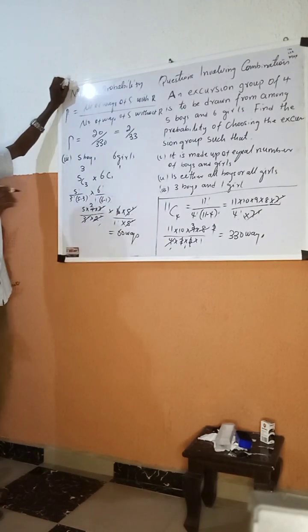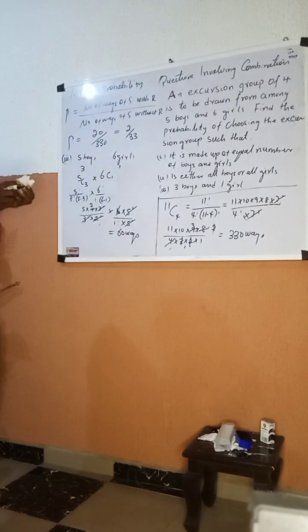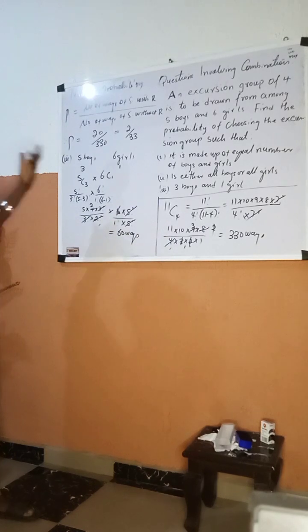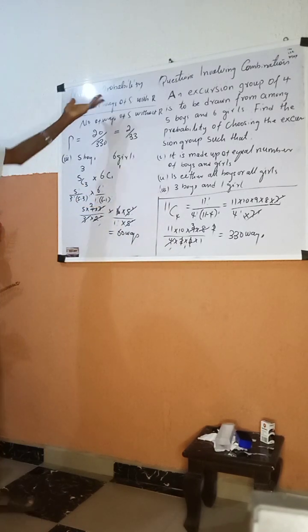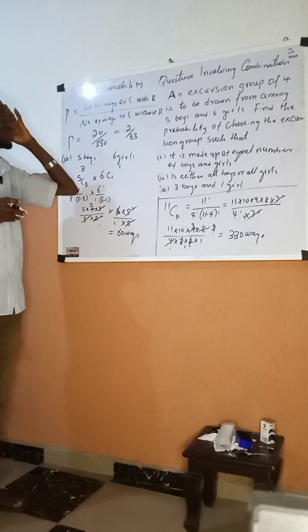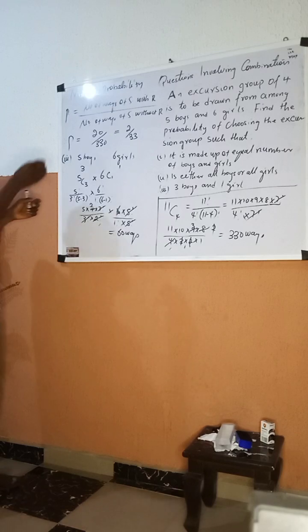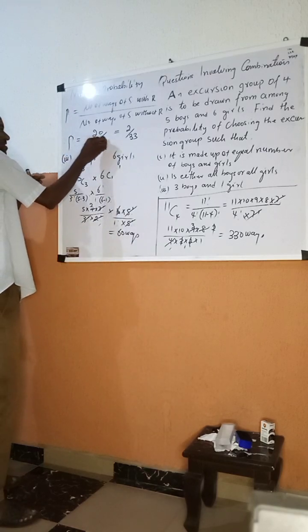60 ways of doing this selection III. But then we are required to find its probability. So looking at its probability, we still return back to our definition: the number of ways of selection with restriction, all over the number of ways of selection without restriction. In that case, permit me to clean this.